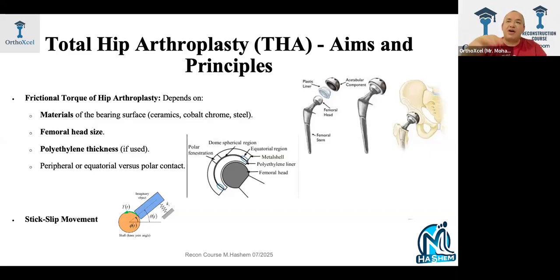I want this patient to have a larger surface area of friction. And in my surgical technique, I will not be putting any tension over the soft tissue because I don't want to increase the frictional torque between the two surfaces. I don't want this torque to be transferred from the cup to the cup bone interface or the cup cement interface, because I want my hip in this old, low activity patient to live as long as possible.